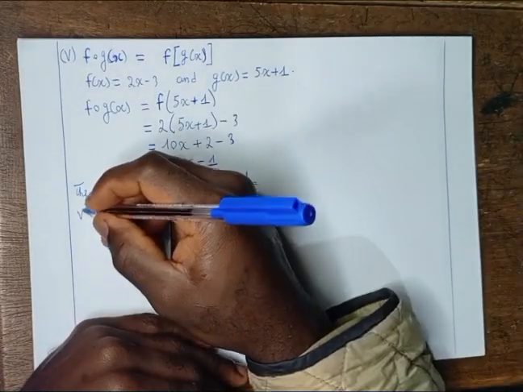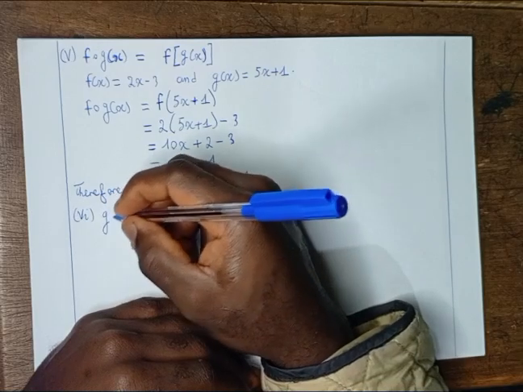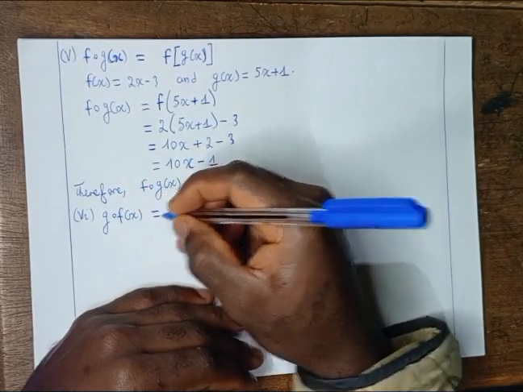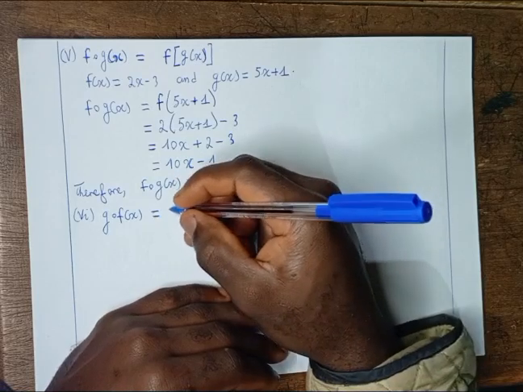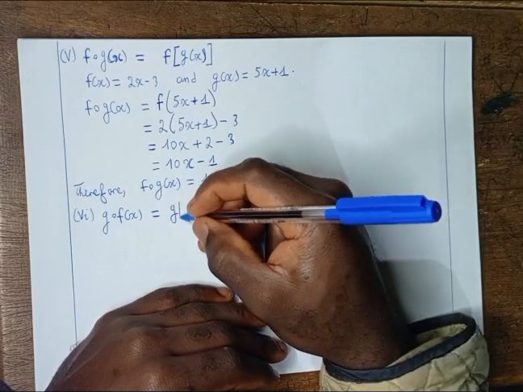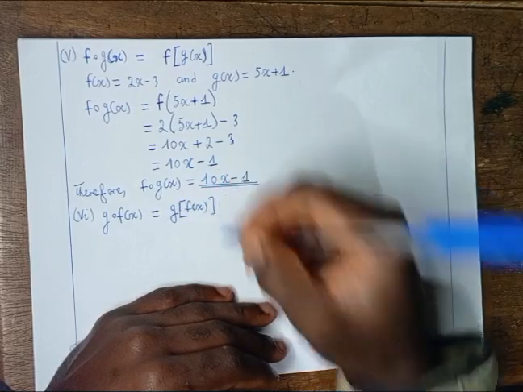Next, vi says we should find g of f of x. G of f of x means that in the function g of x, anywhere we see x, we have to replace x with the function f of x. That's what it means.